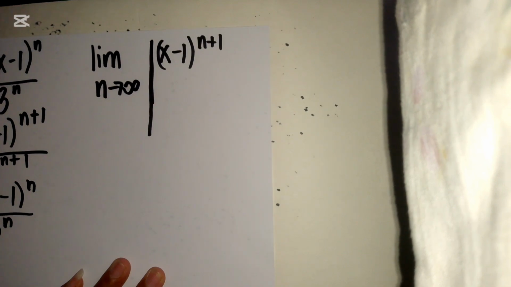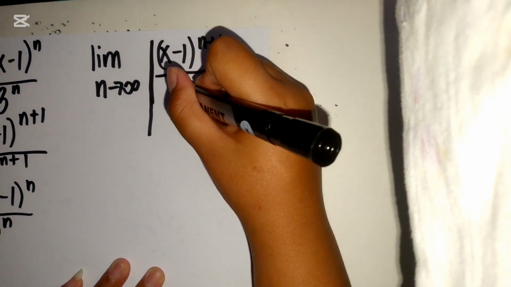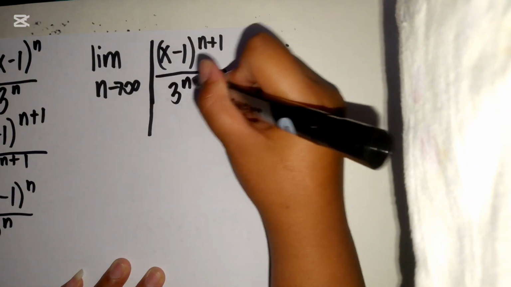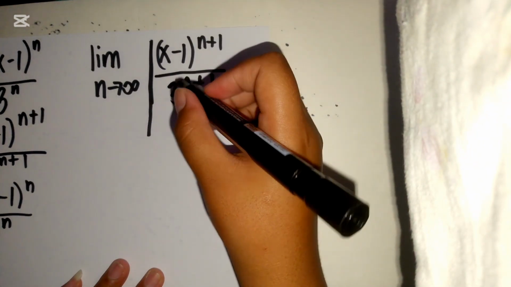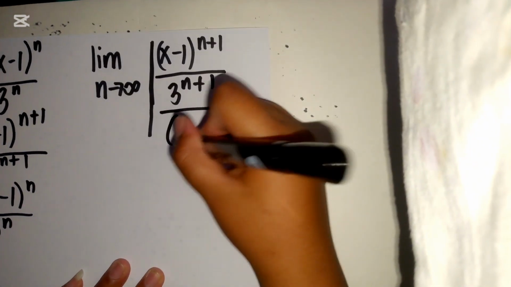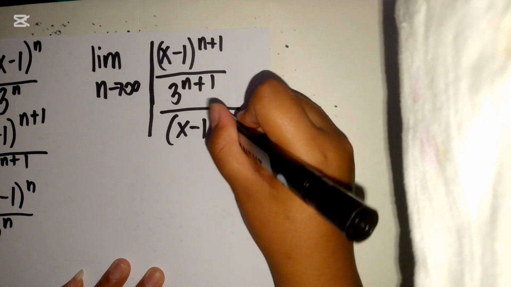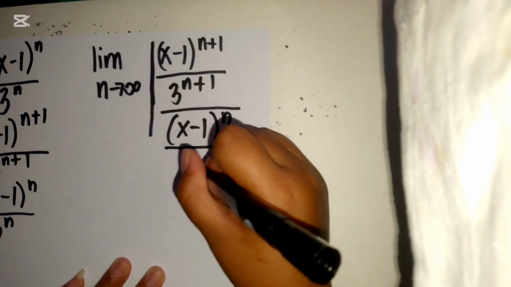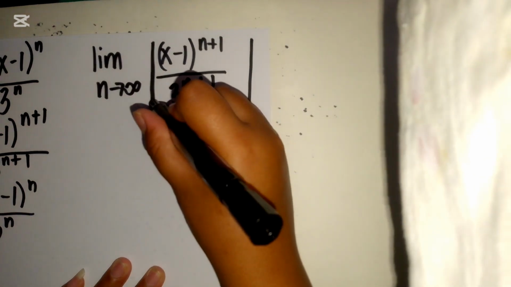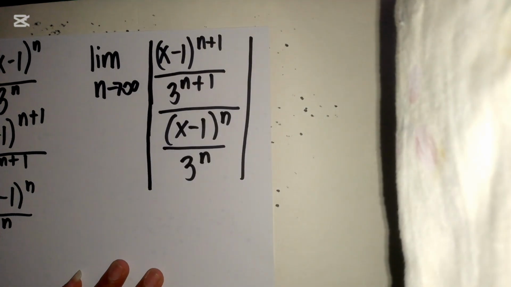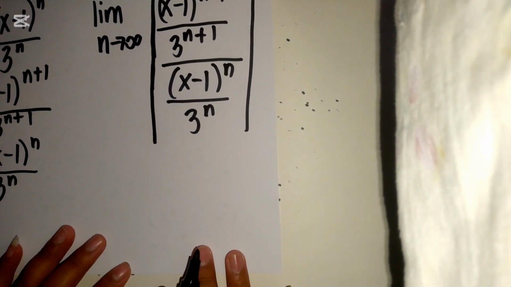So we have (x minus 1) raised to n plus 1 over 3 raised to n plus 1 over the a sub n, which is (x minus 1) raised to n over 3 raised to n.